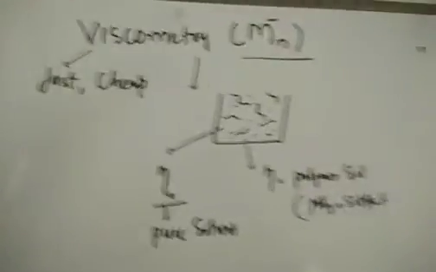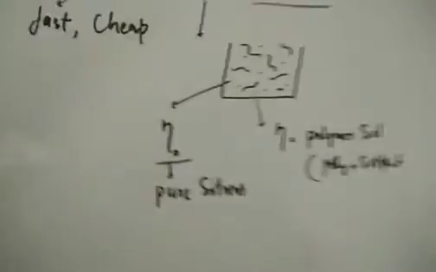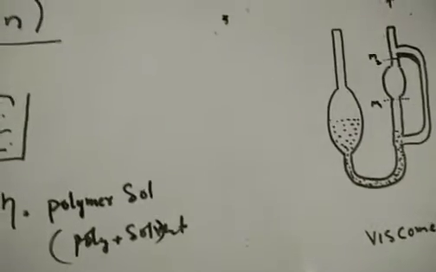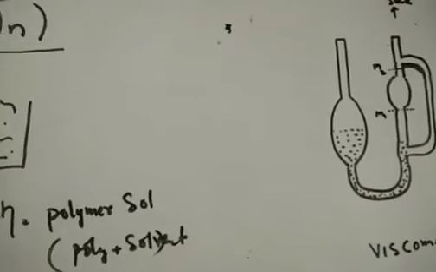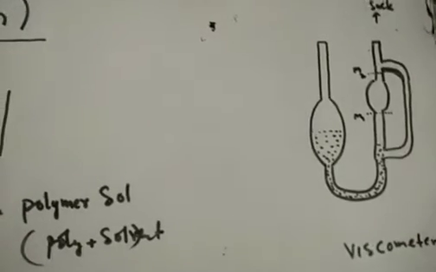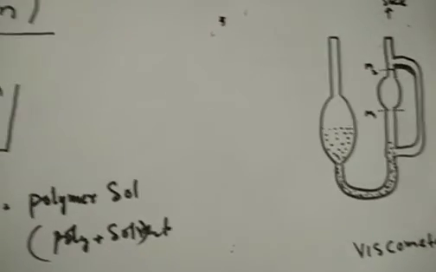So what we do, we determine the molecular mass of polymers with the help of a glass apparatus or a very simple instrument, that is viscometer. यहाँ पे देख सकते हो, this is called as a viscometer. ये practical हमने दिखाया भी है. We have uploaded the lecture also, so you can please see that.